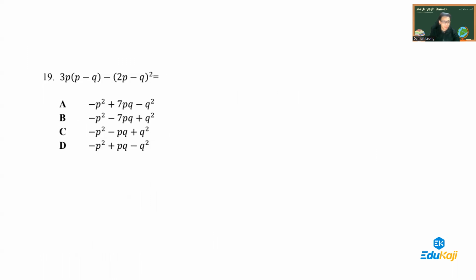Question 19. I want to basically simplify this. So expand the bracket first. 3p times p, 3p square, minus 3p times q, 3pq, minus this one, expand the square. When you expand the square, keep the bracket first. And make sure you don't just square 2p and square the q's.